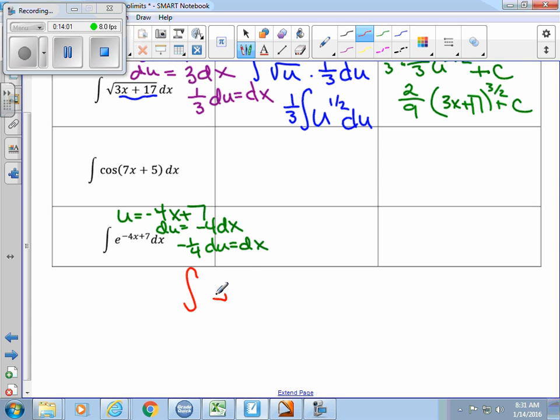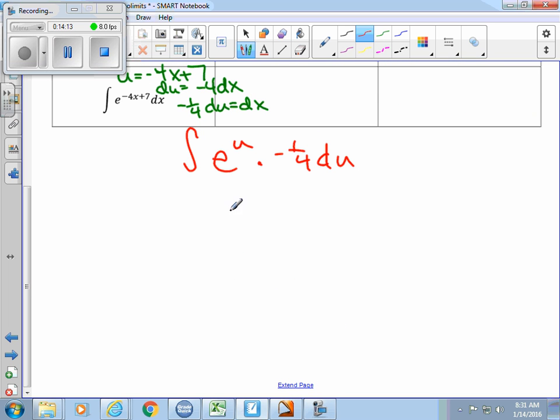Do the switcheroo. E to the u times dx, and what was dx? I'm going to rewrite that. Unnecessary step there. Most of you can handle the 1/4 being over there instead of in the front. Whatever you want to do. Sounds great.